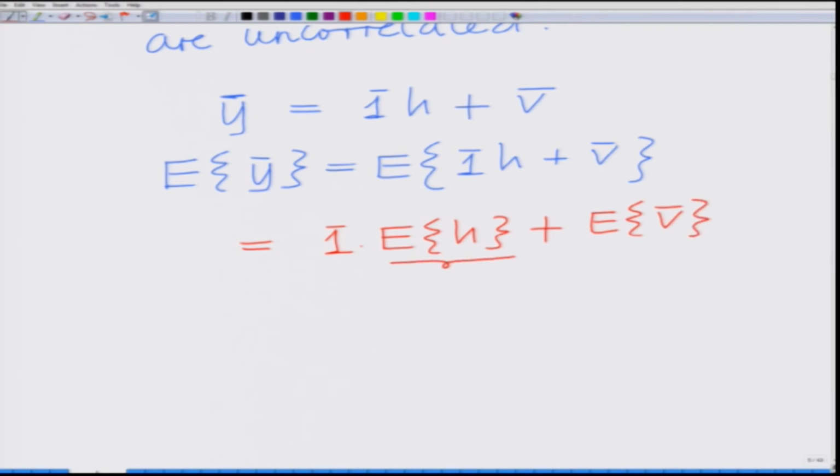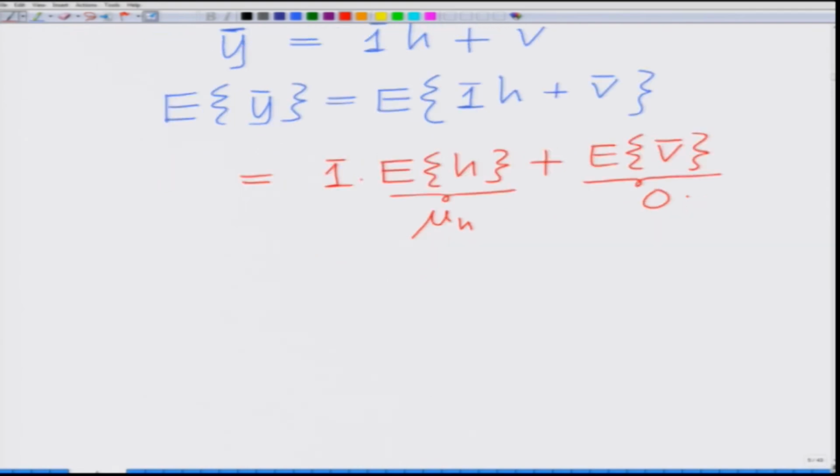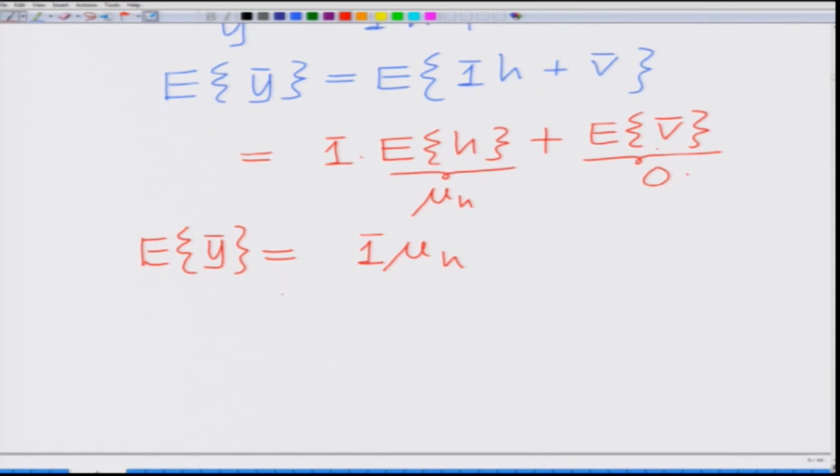We know the expected value of h is mu h, and the expected value of v bar is 0, because the mean of each noise element is 0. So, it follows that the expected value of y bar equals 1 bar times mu h. So, the mean of the observation vector equals 1 bar times mu h.